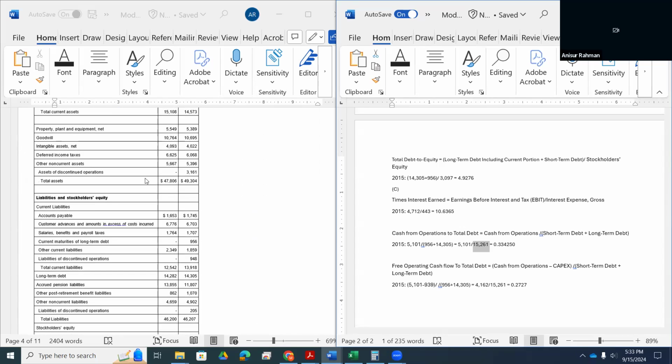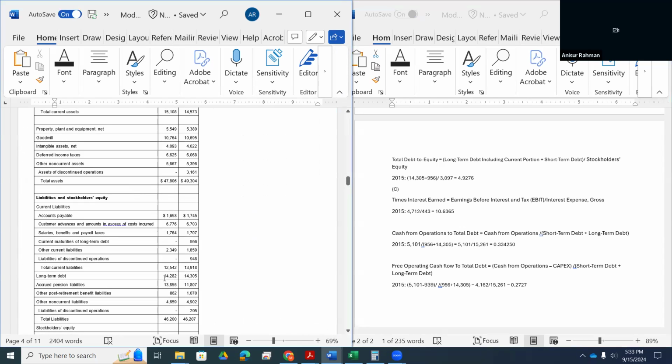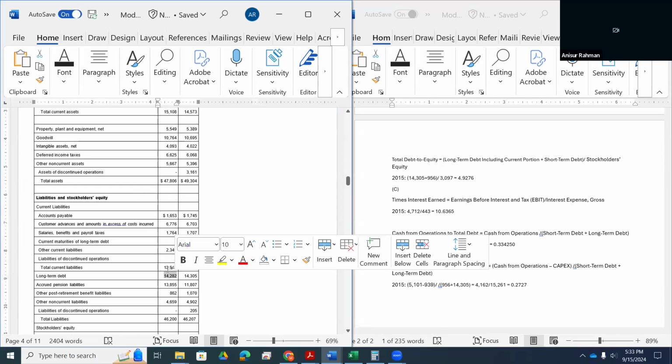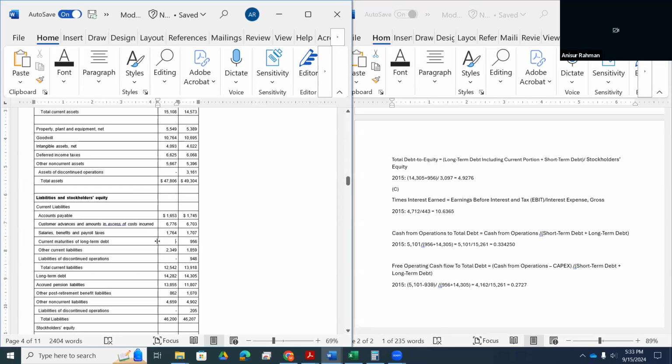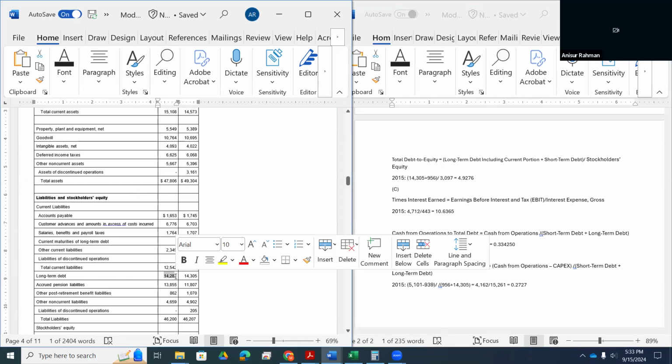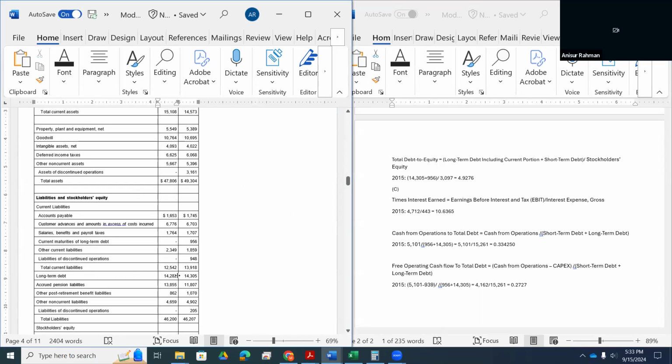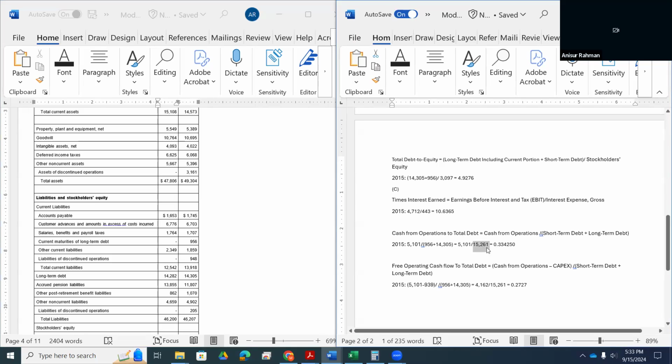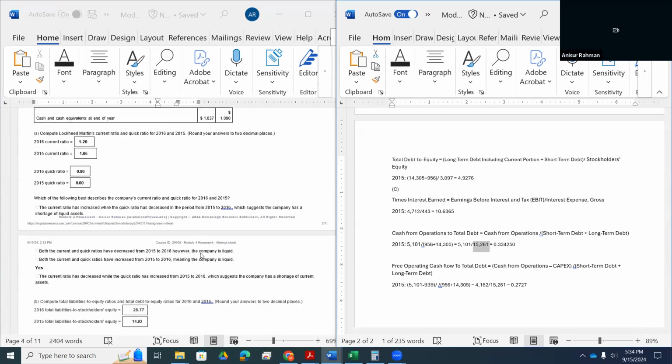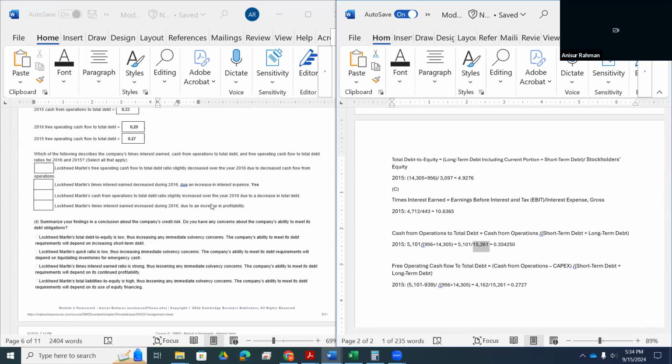For 2016, it is 14,282, and we don't have any current maturities of long-term debt. So that is also true, that in 2016, total debt decreased. 14,282 in 2016 versus 15,261 that we calculated previously for 2015. So that is also true.